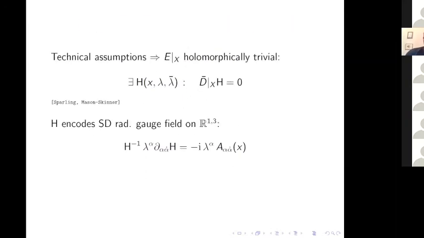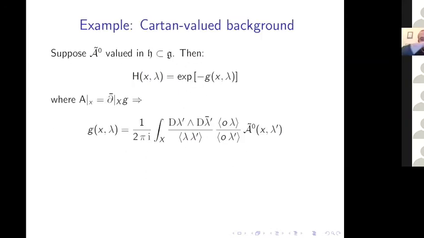Okay, so that's maybe a bit abstract, but if we look at a particular example where the self-dual radiative gauge field is Cartan-valued, so it takes values in some Cartan subalgebra of the Lie algebra of the gauge group, then these holomorphic frames are just exponentials, where the exponential is the exponential map of the gauge group.